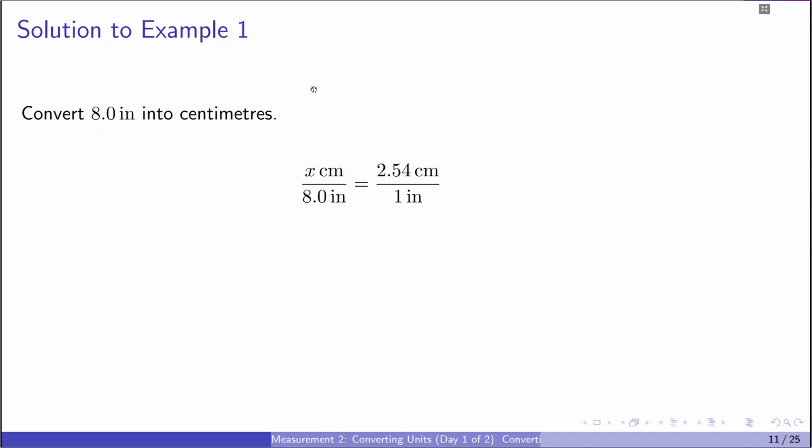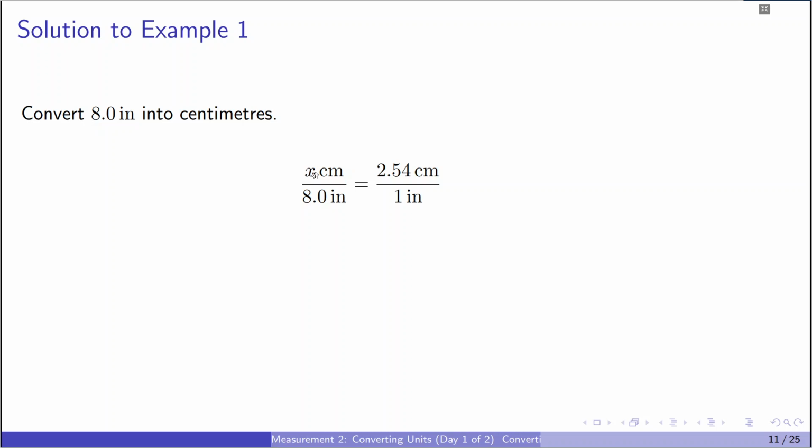So this is a proportionality statement. 2.54 centimeters equals 1 inch. This fraction is equal to 1. By setting up another fraction, some unknown number of centimeters divided by 8 inches is going to equal the same ratio. So this will also be equal to 1 on the left. We'll find the number of centimeters that are equal to 8.0 inches.